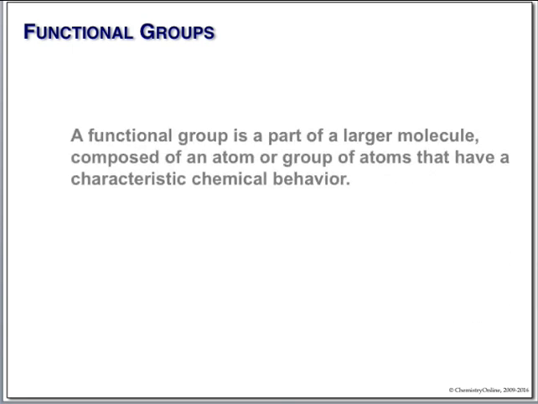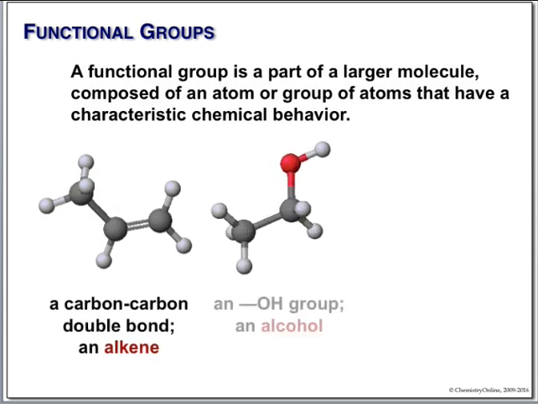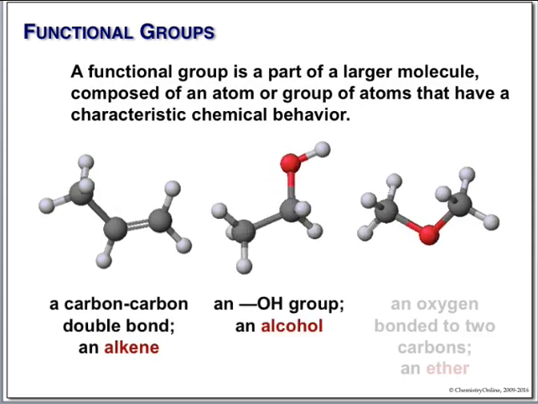So let's go ahead and finish talking about functional groups. We said here we have a carbon-carbon double bond that makes us an alkene. If we have an OH attached on our chain somewhere, we call that an alcohol. If the oxygen is in between carbons, we call that an ether.